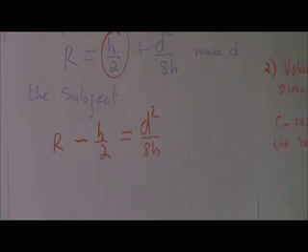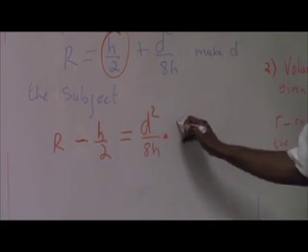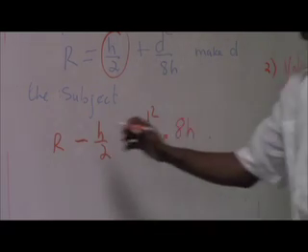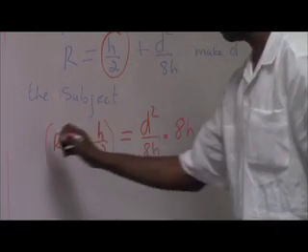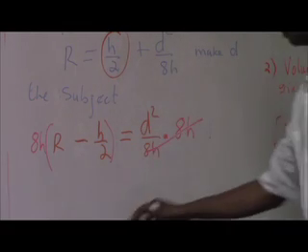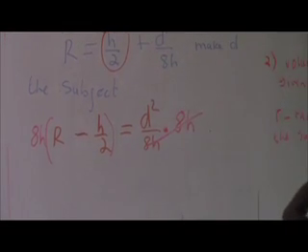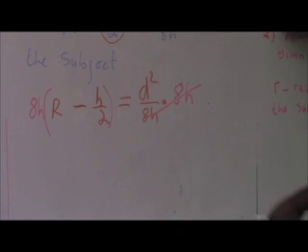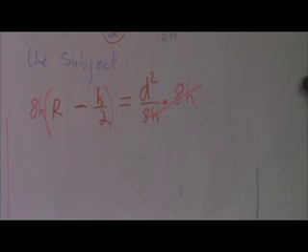So next thing I want to get rid of everything that is on the side with the d squared. And wow, this problem is much easier than I thought. I can just multiply it by 8h, and I'll multiply this whole thing by 8h, or I can multiply each term separately by 8h. So that's going to cancel, and I'll quickly arrive at my answer without much work.